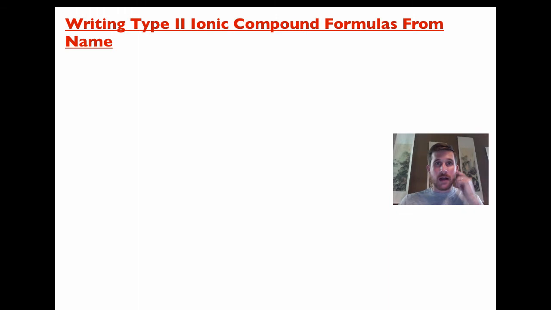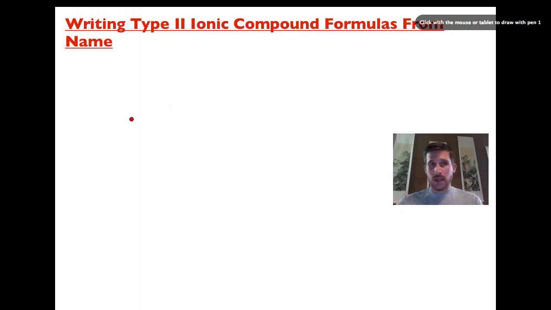All right, so let's do now writing the ionic type 2 ionic compound formula from the name. So I'll give you one. What's another good transition metal? Let's do cobalt.